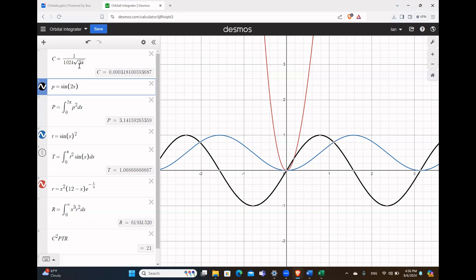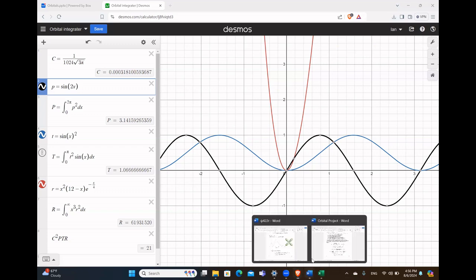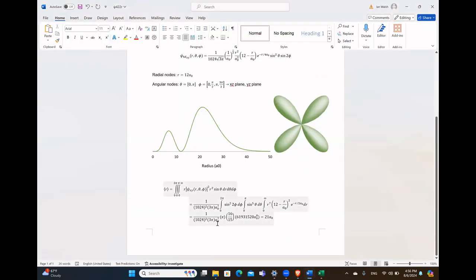I'm leaving off all of the A naughts, and you can do that. And remember, we've done examples of these in class and in the homework, but our answer is going to be in terms of A naught. It comes from the R integral. So if we go back and look at this here, we have an A naught to the 7th here. Our R integral is going to give us A naught to the 8th, and our angle integral is just going to give us numbers. So all those are going to end up canceling out to be simply 1 A naught. So don't forget that. That's an important component.